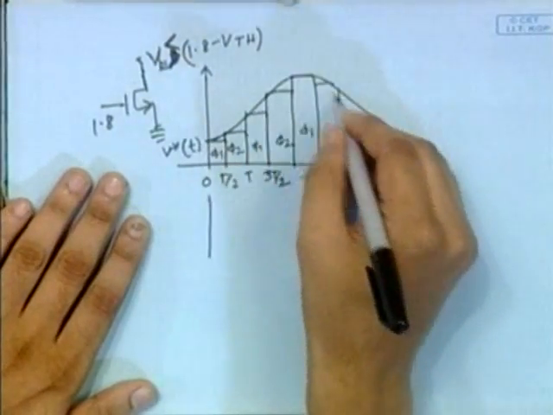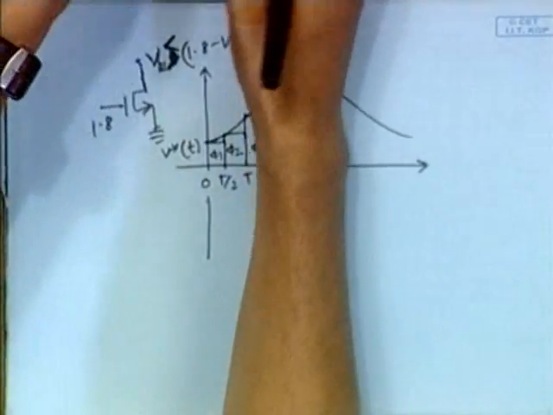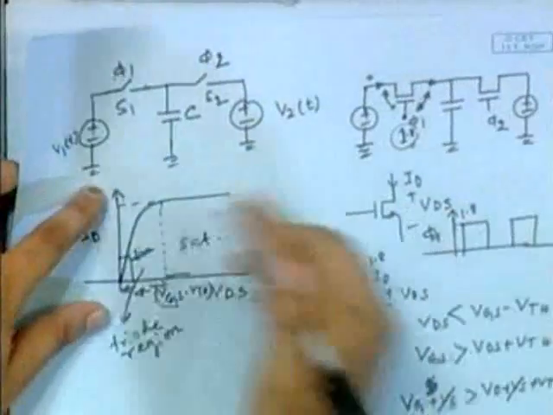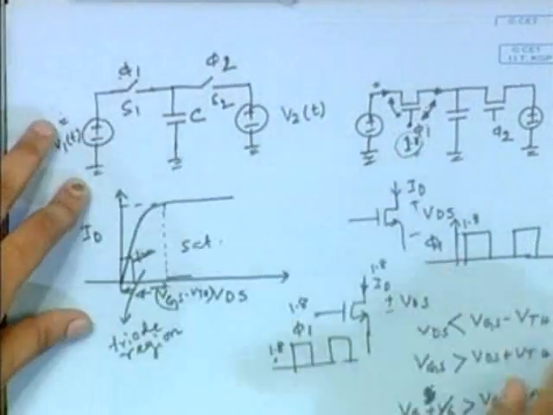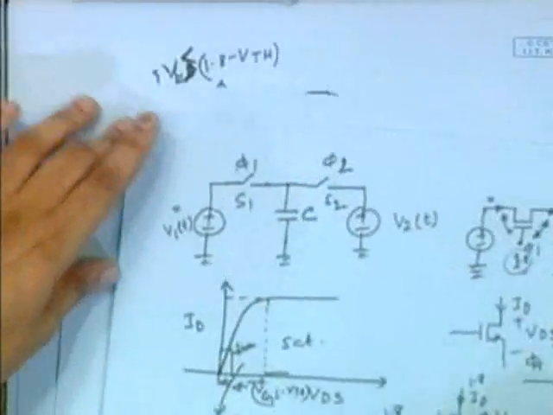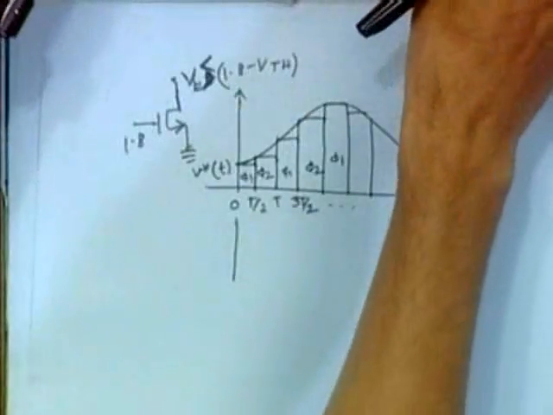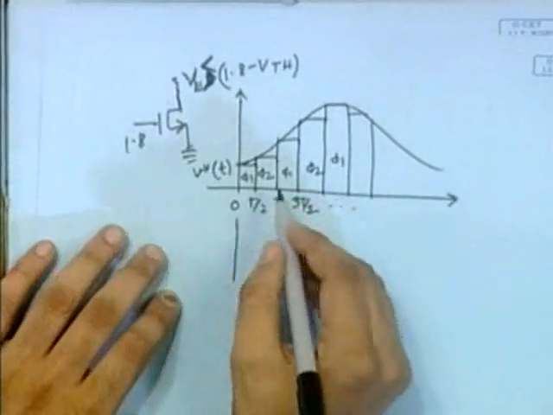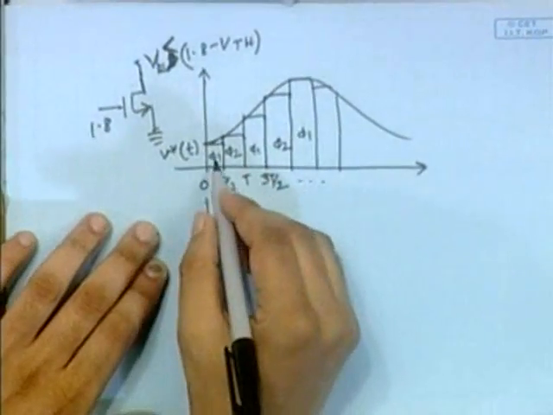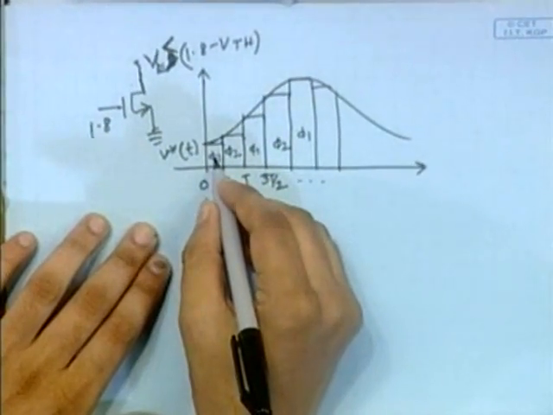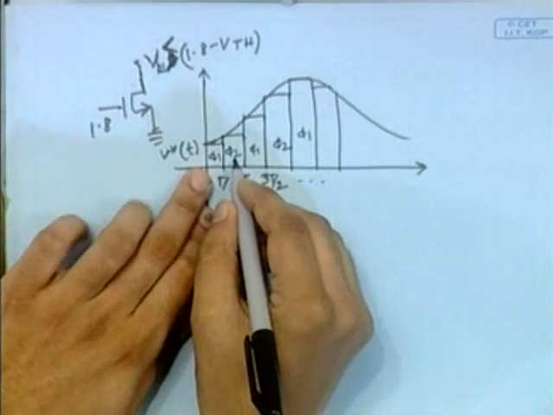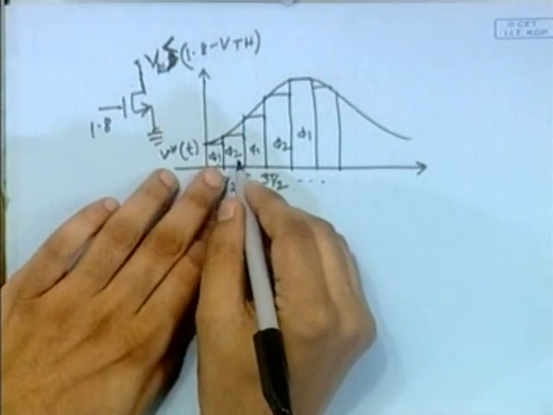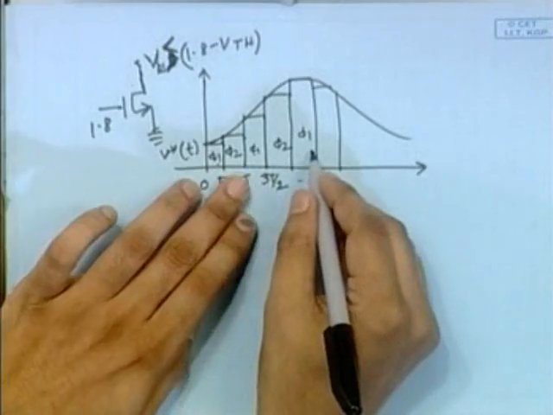Now this is one signal that I have applied here. These are alternate pulses: phi 1, then phi 2, non-overlapping pulses, then phi 1 again, then phi 2, then phi 1.